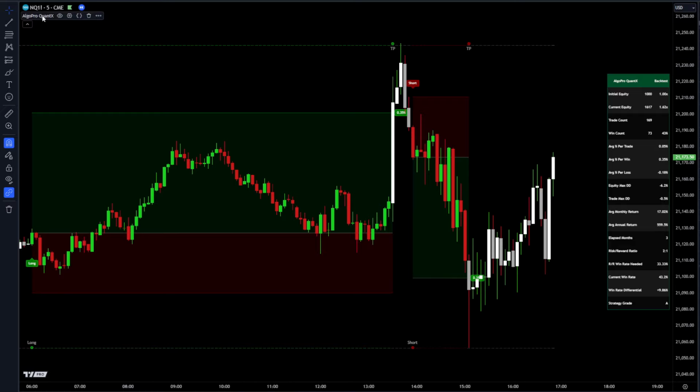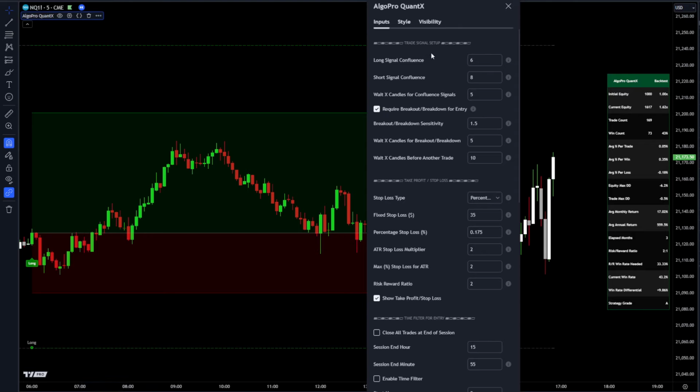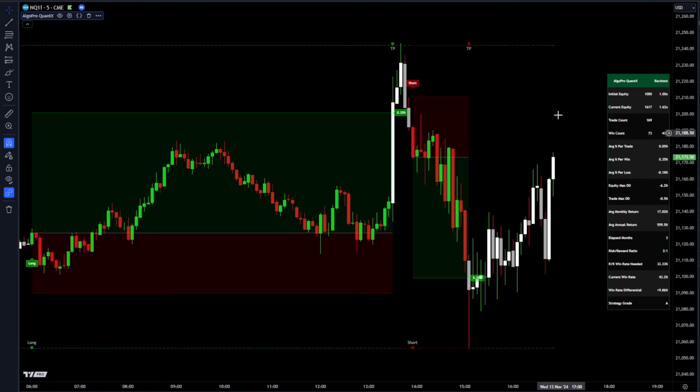Now, QuantX is pretty simple to customize since there are so few inputs to really mess around with. The main things you're going to want to play with again are the signal confluences, and then your take profit stop loss system, depending on what you want to risk per trade. How many contracts you trade, do you trade minis, all those things you need to take into account.